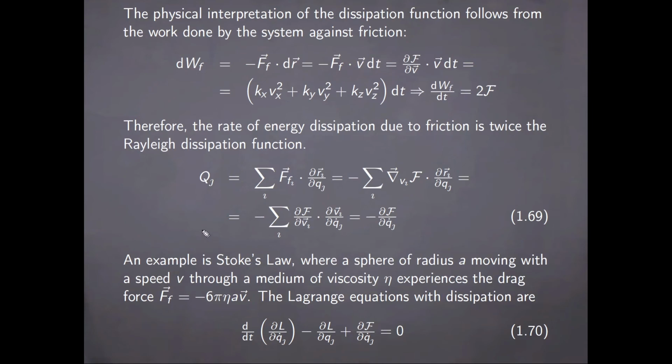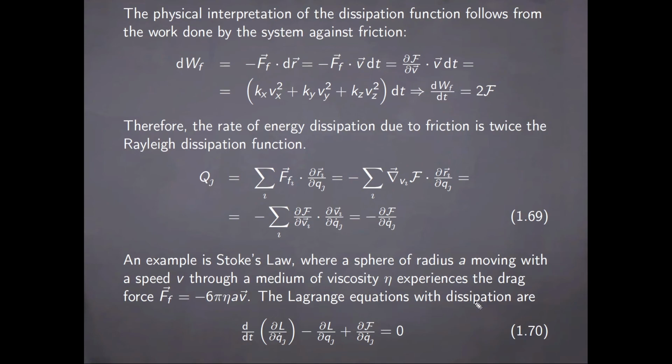An example of such a force is given by Stokes' law, where a sphere of radius a moving with a speed v through a medium of viscosity eta experiences the drag force given by minus 6 times pi times eta times the radius a times the velocity of the sphere.